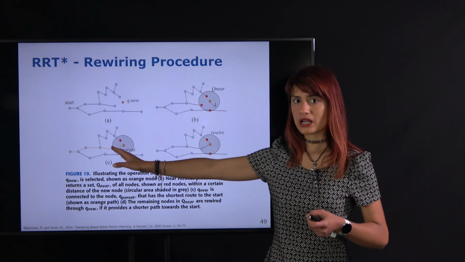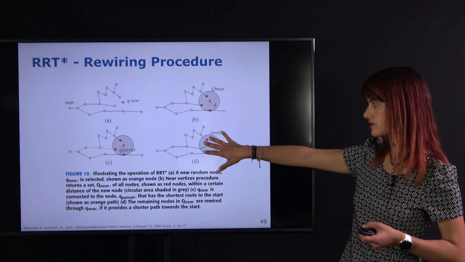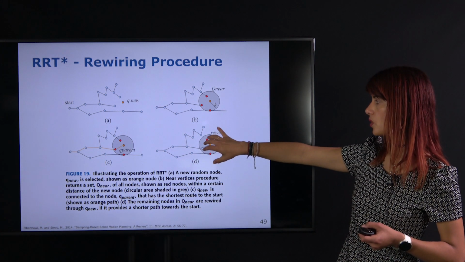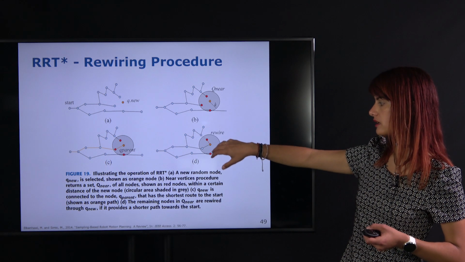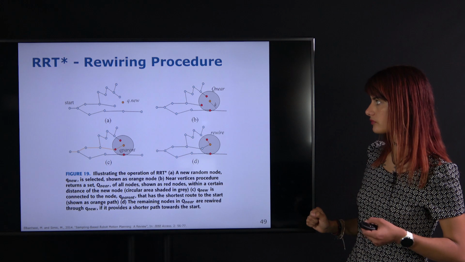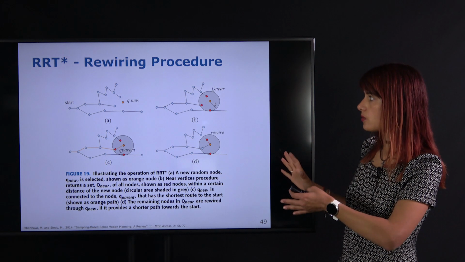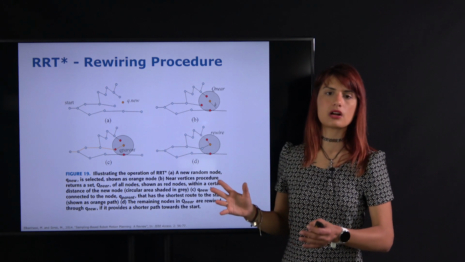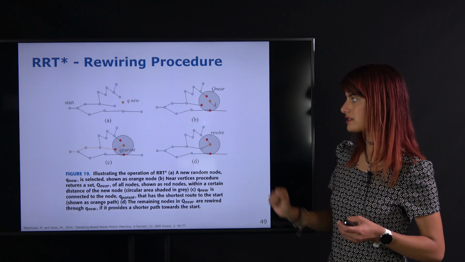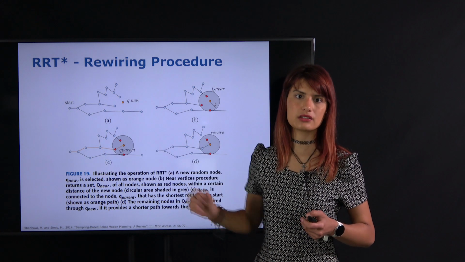And then when we identify this, what the RRT star does is rewire the remaining connections in the tree, the nodes that are in the radius, so that it preserves the shortest possible path. This rewiring procedure is illustrated here to show the differences from the normal RRT, which does not perform this type of update according to the paths of the nodes when they're newly added to the tree.